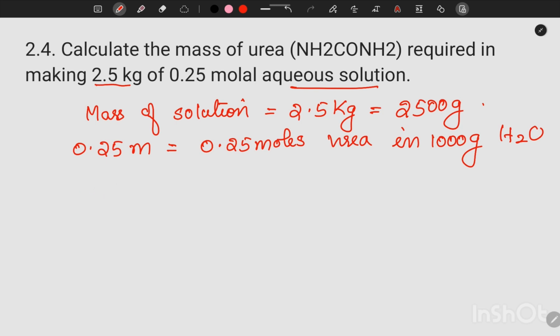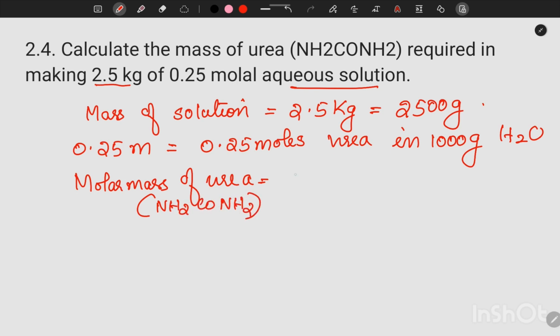So we can expand molality and we can find out the mass of urea present in 1000 gram of water. Molar mass of urea, from the formula NH2CONH2, we have 2 nitrogen atoms, so 14 into 2, plus we have 1 carbon atom, so 12, and we have 4 hydrogen atoms, 4 into 1, 4. So we will get a total of 60 gram per mole.